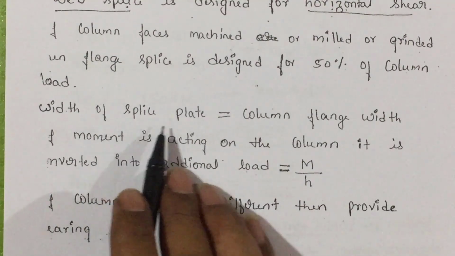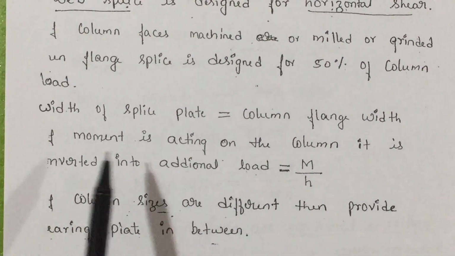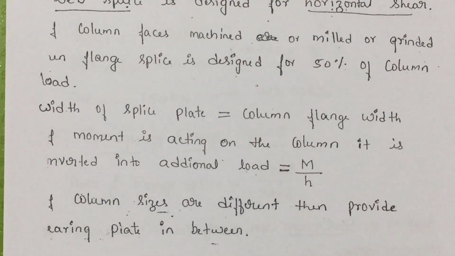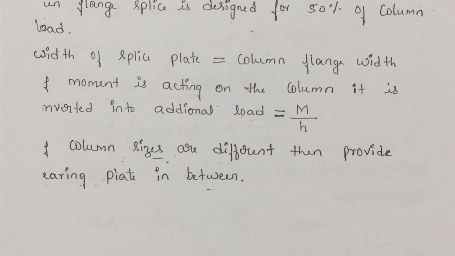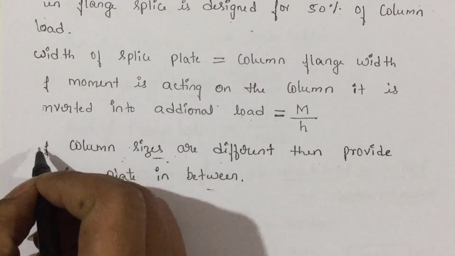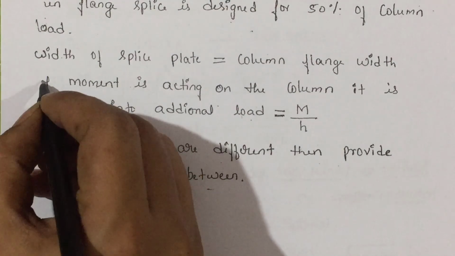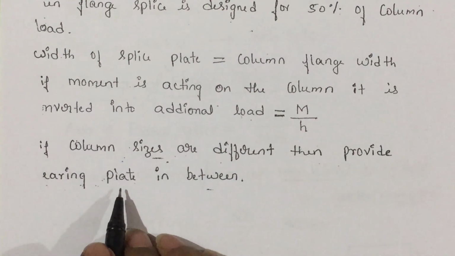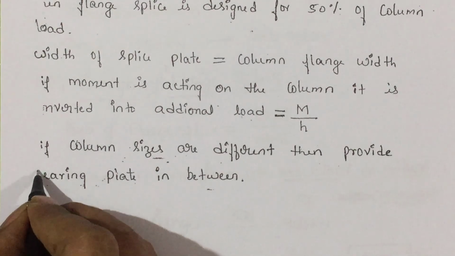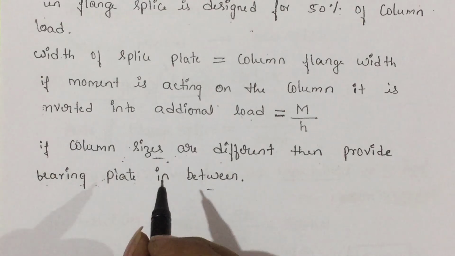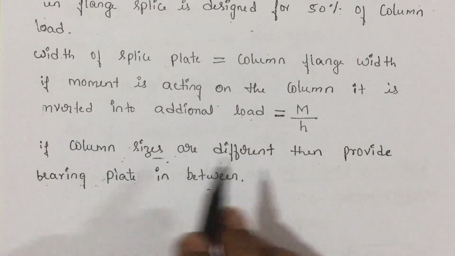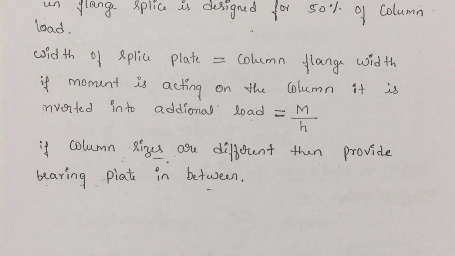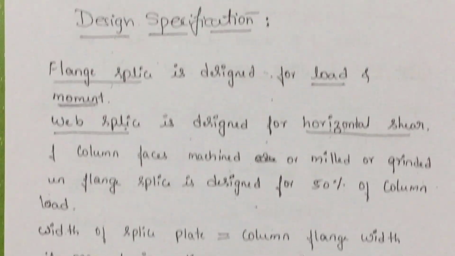The moment acting on the column is converted into the additional load, that is given by M by H. If column sizes are different, then provide a bearing plate in between the two columns. If they are the same size, it is okay. This is regarding design specifications.